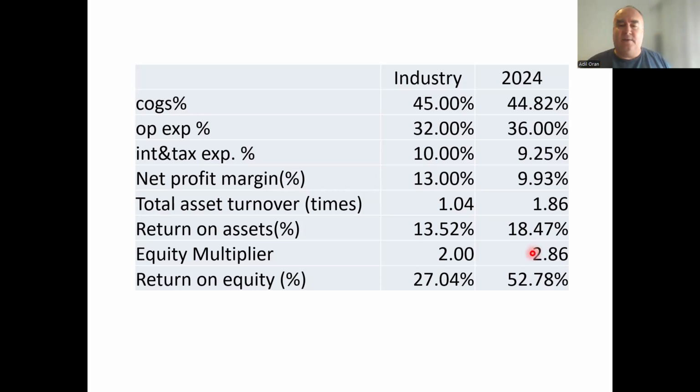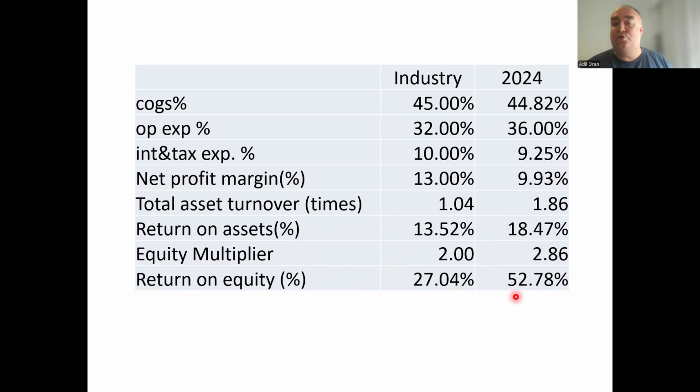So, yes, it increases the ability of the company to go from a return on assets of 18.5 to almost 50, close to 53%, while the industry uses less financial leverage. So its ROA only becomes an ROE of about 27%.